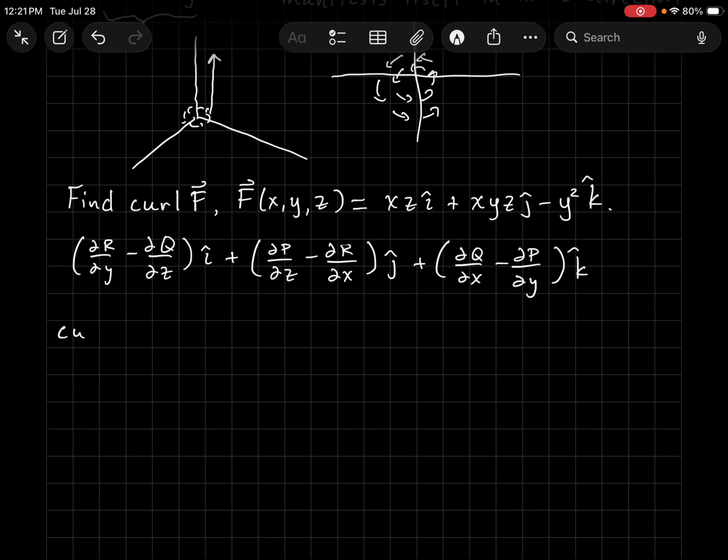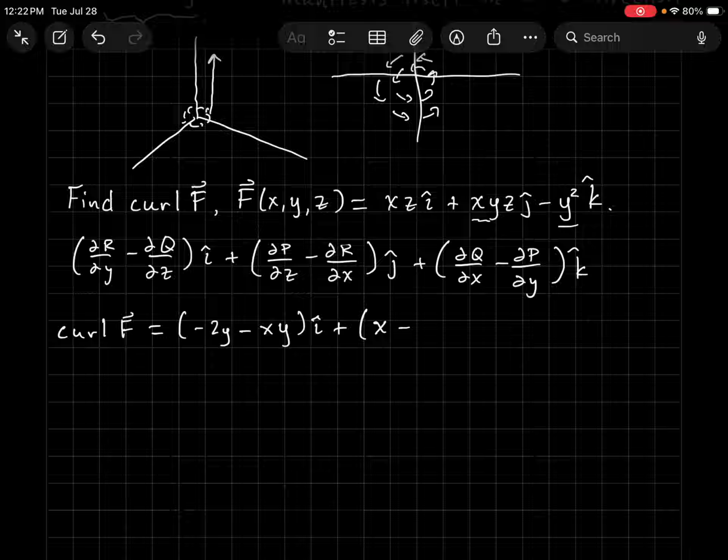So the curl of F is going to be the partial of R, so R is back here, with respect to y, minus 2y, minus the partial of Q, the middle one, with respect to z, so minus xy, i, and then plus, do the j component, partial of P with respect to z, which is x, minus partial of R with respect to x, which is going to be 0, j.